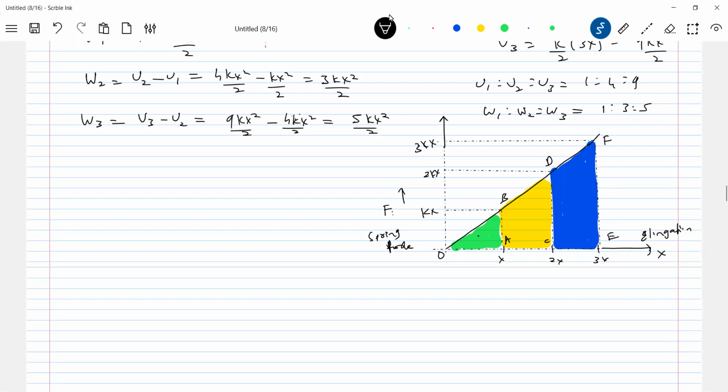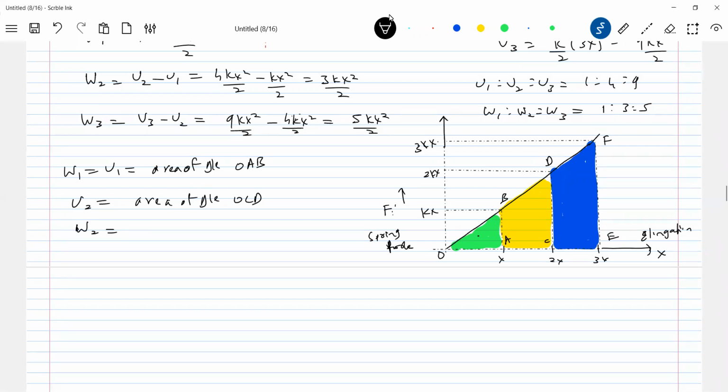Can you recollect? So W1, equal to U1, equal to area of triangle OAB. What about U2? Area of the bigger triangle OCD. So what should be W2?